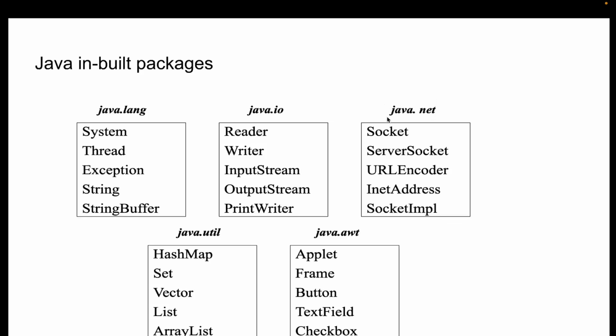No need to get worried if you have not seen these classes as of now. It depends upon the project that you create, but I'm just giving an overview of the packages that you have, like java.net, java.io, java.lang, java.util, java.awt, and the classes below them. java.util we will be using heavily when we study the collections topic.